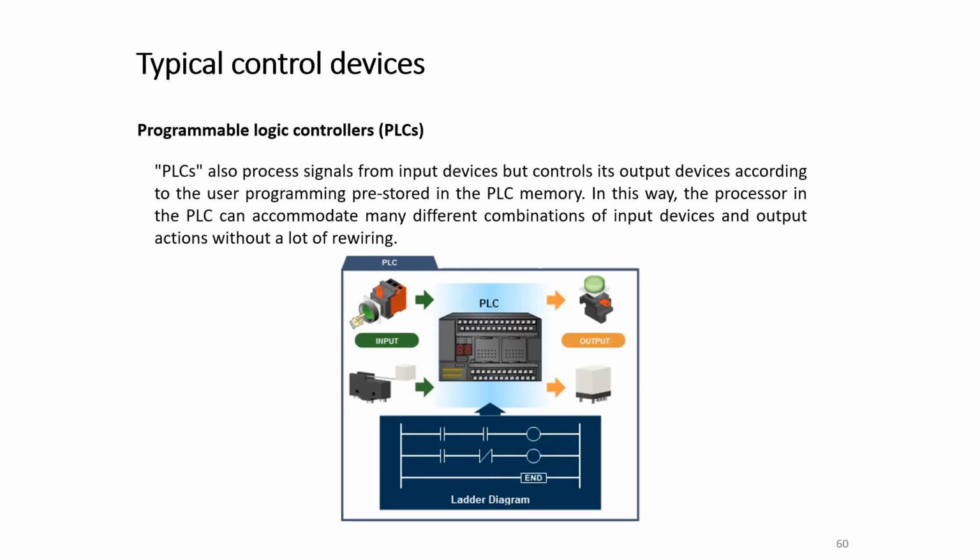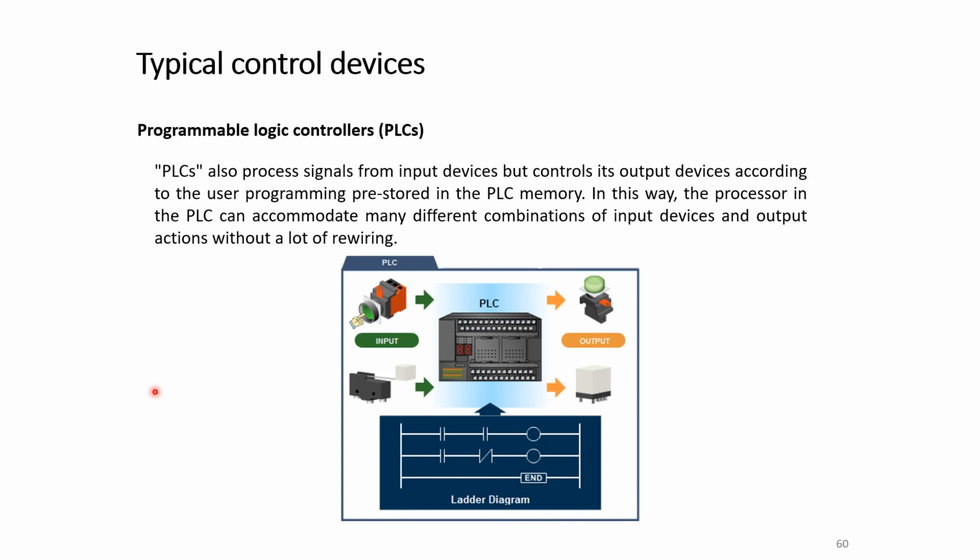Programmable logic controllers, PLCs, also process signals from input devices but control their output devices according to the user programming pre-stored in the PLC memory. In this way, the processor in the PLC can accommodate many different combinations of input devices and output actions without a lot of rewiring.